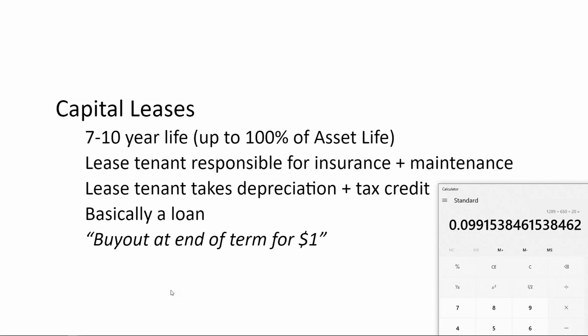It's much simpler to just think of things in terms of operating leases or capital leases, where if the tenant is wanting to claim the tax credits, you would set up a capital lease agreement for them to make payments over time, but still be able to claim the full tax credit up front. But essentially, a capital lease is a loan.